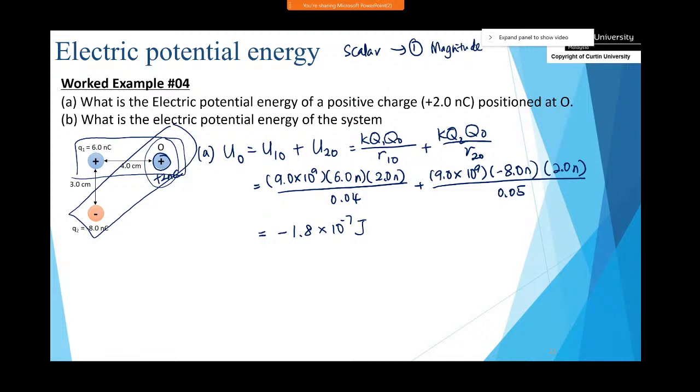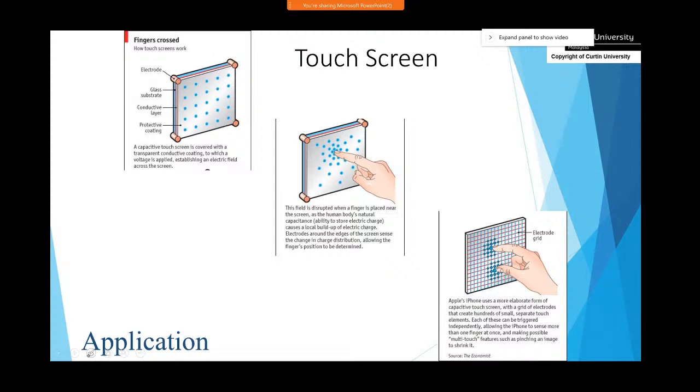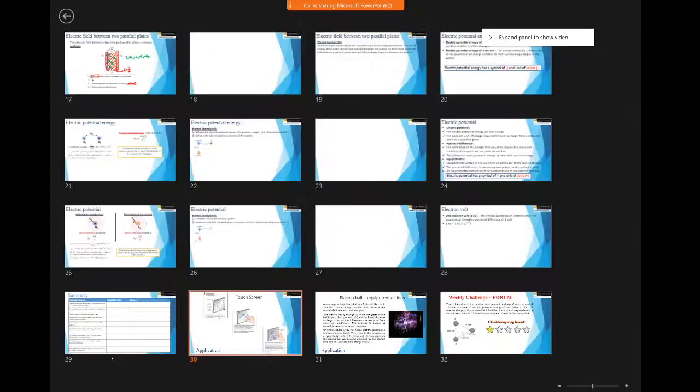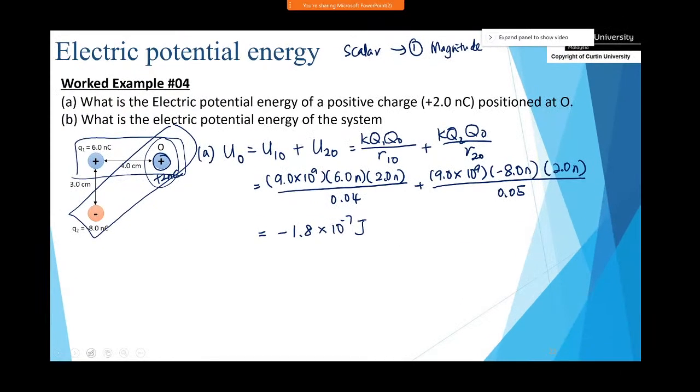If you get a negative value, it means, based on the sign convention, the work is done by the electric field.